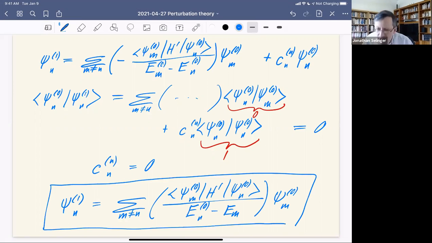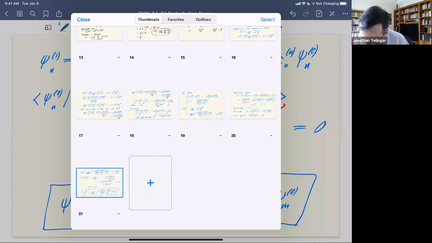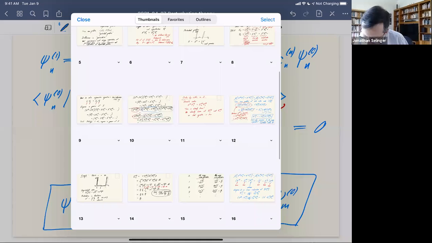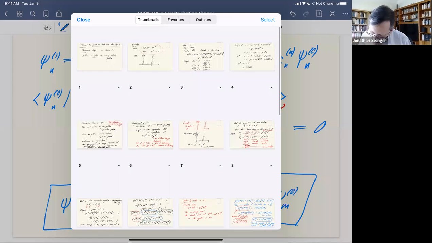So this is then telling us what is the first order change in the wave function. Coming back to our chart of what we're trying to do, let me see if I can find it. It's right here.